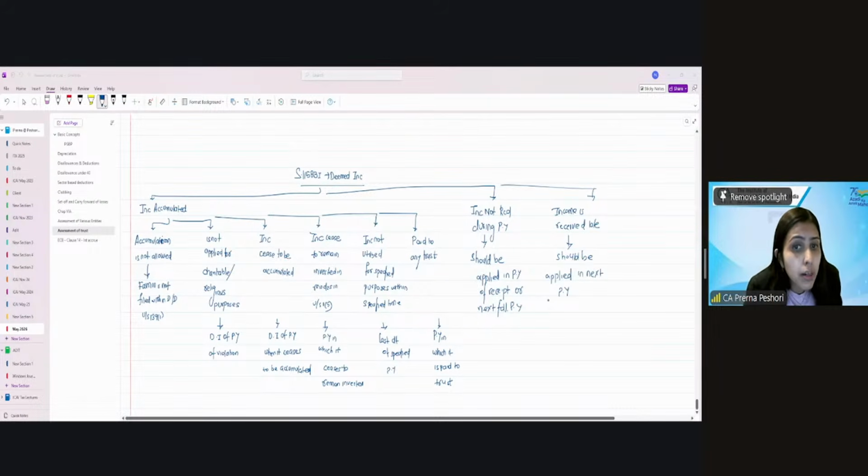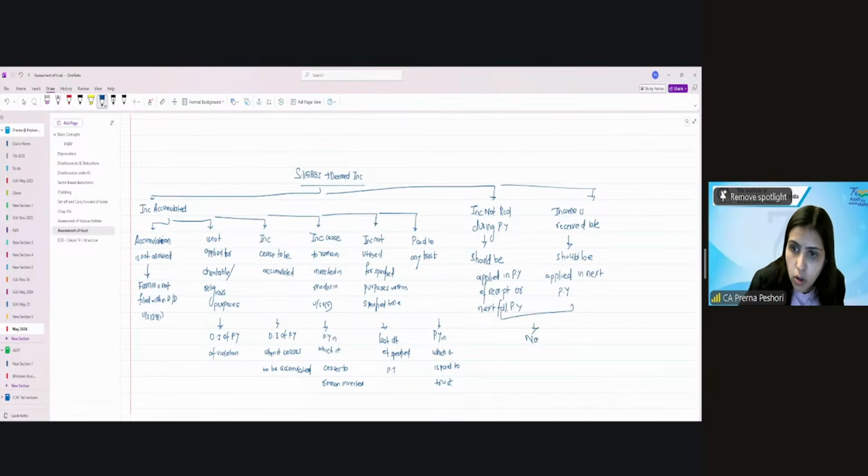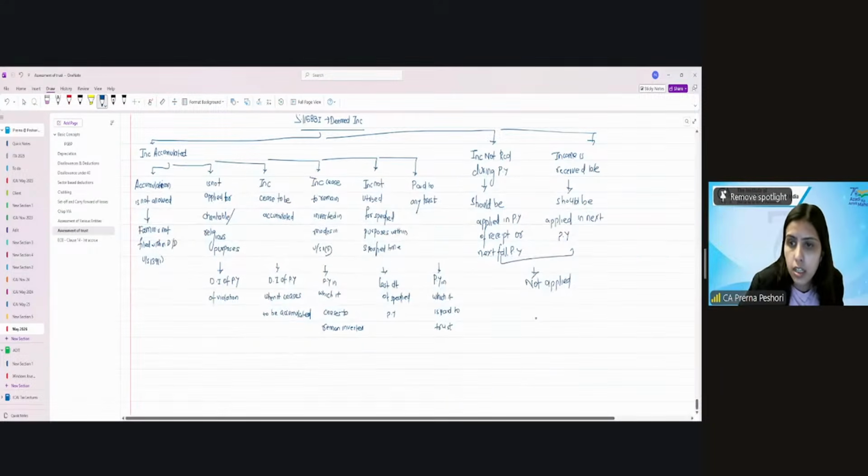Now this income is not applied. Let's say this is not applied. So again, this is considered as deemed income of the previous year, deemed income of the following previous year.